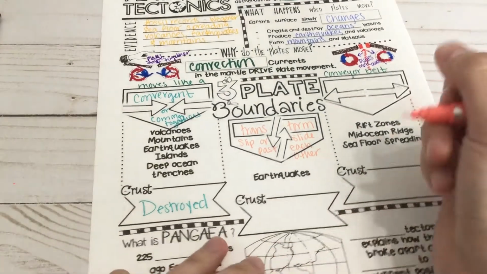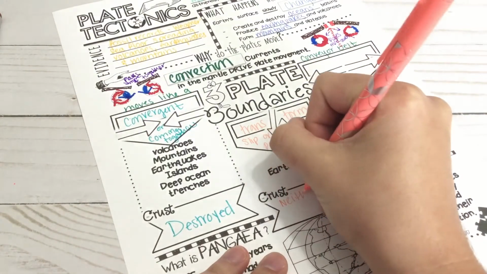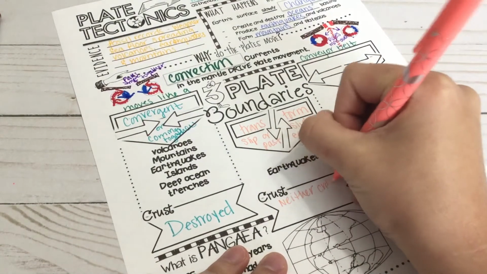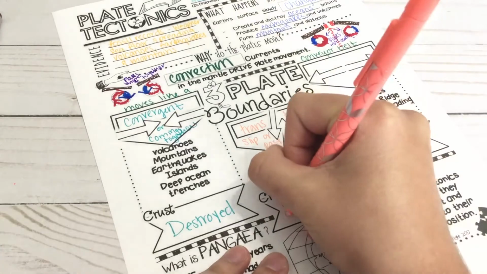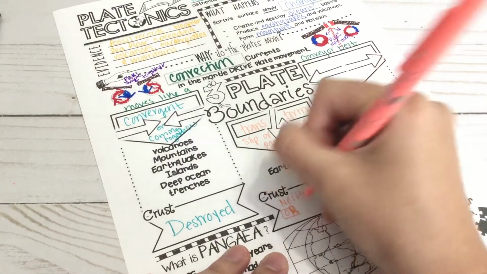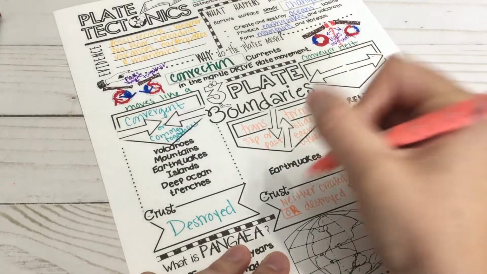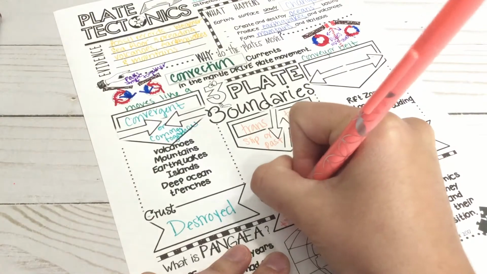And during transform boundaries, crust is neither created or destroyed. But change does occur.